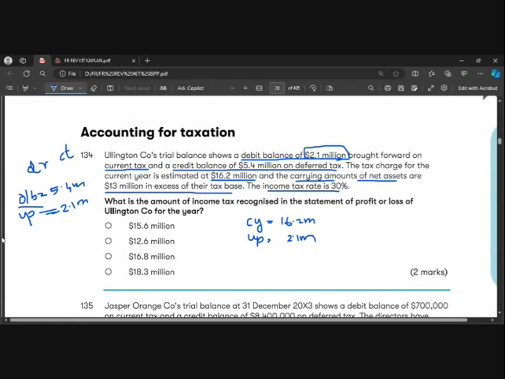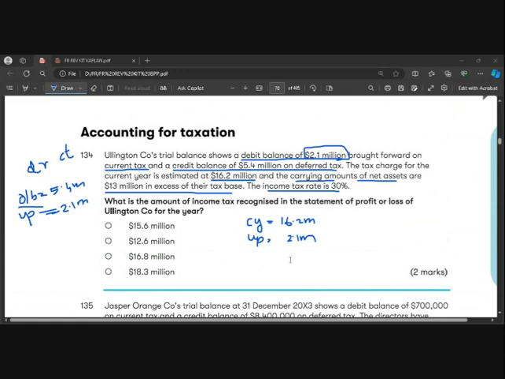And then you have 3.9. opening balance. How much did you get for the closing balance? 3.9. Yes, 3.9. So what's the movement?